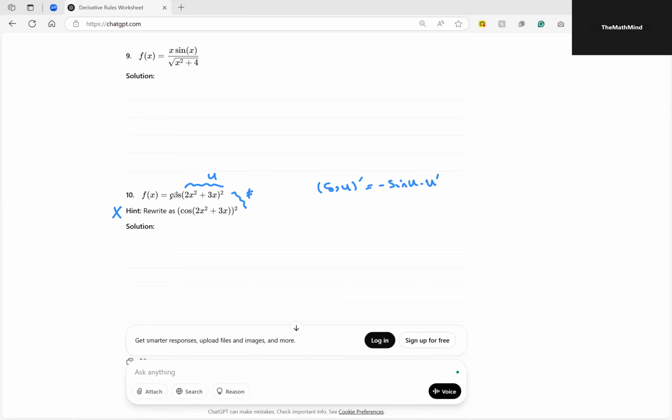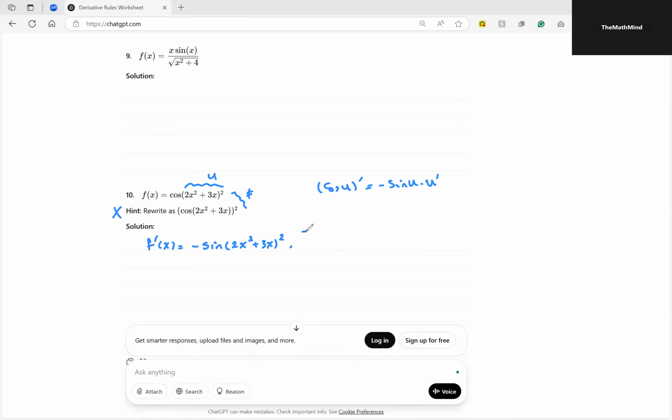So we're using the formula to take the derivative. f prime here is negative sine u and then times u prime.